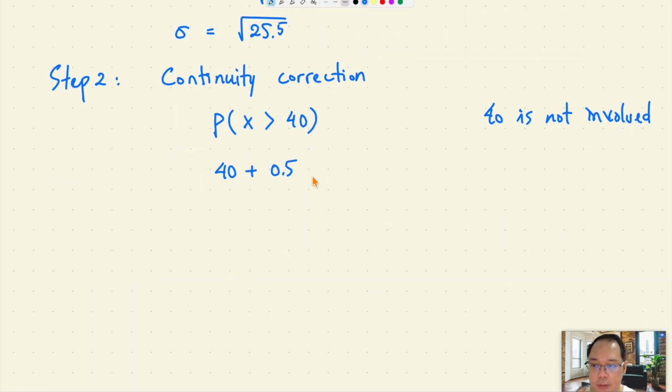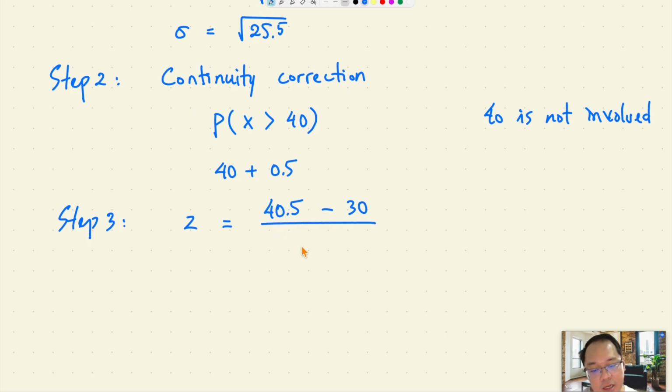The next step, step 3, calculate the z-score. The z-score of the normal distribution for this value 40.5. One more time, we take the corrected value 40.5, not the original value 40, minus the mean 30 and divided by the standard deviation, which is the square root of 25.5.